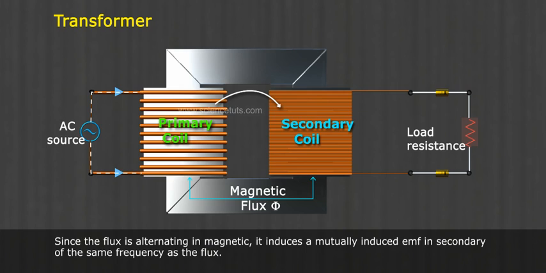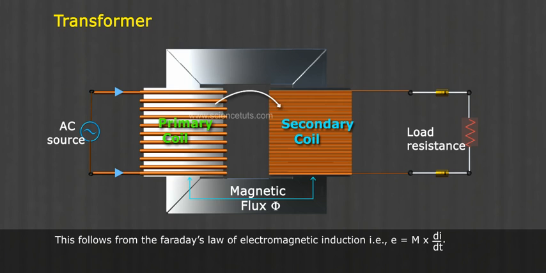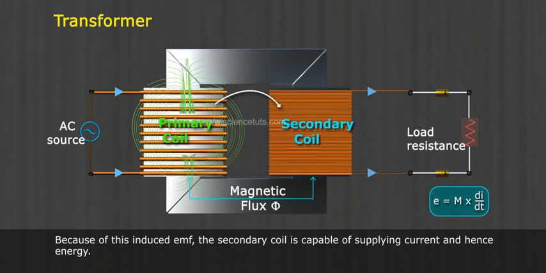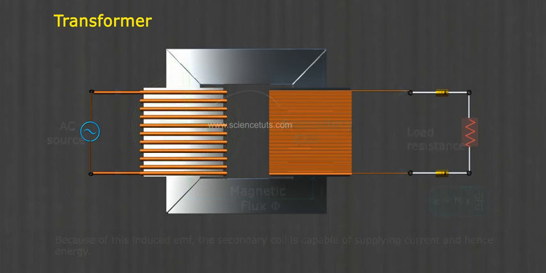Since the flux is alternating in magnitude, it induces a mutually induced EMF in the secondary of the same frequency as the flux. This follows from Faraday's law of electromagnetic induction, that is, E equals M into di by dt. Because of this induced EMF, the secondary coil is capable of supplying current and hence energy.